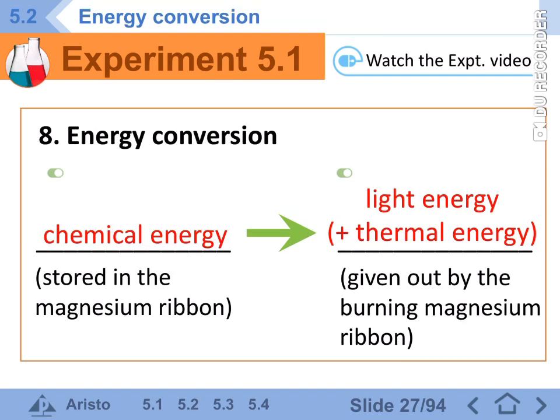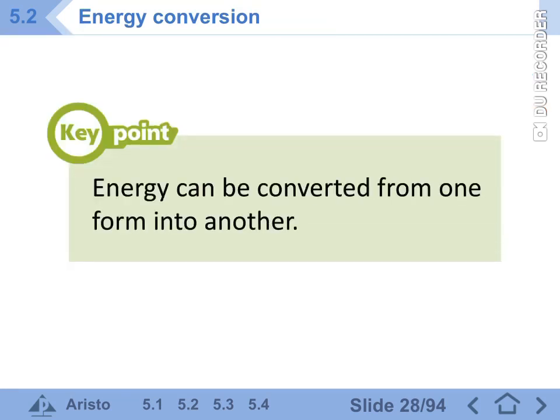That's why it mentions thermal energy here as well. Please do not touch it because it's extremely hot. That is the first part of the experiment. The key point here is that energy is being converted from one form to another.